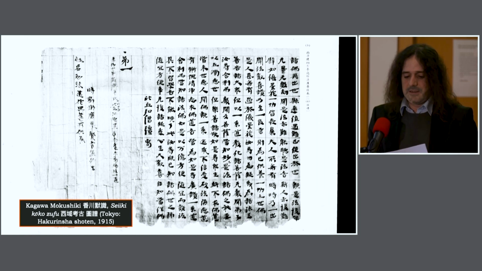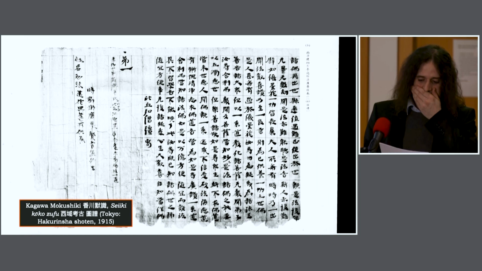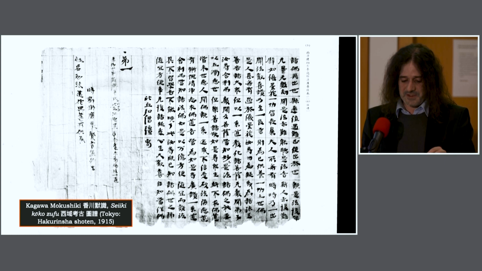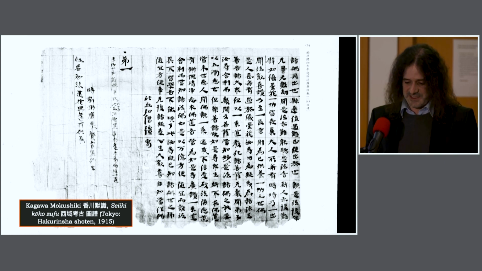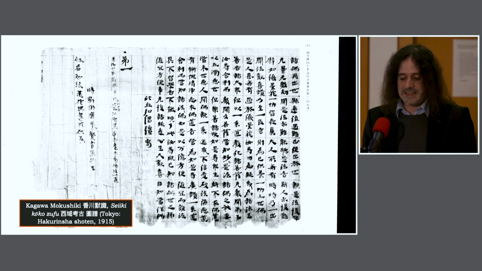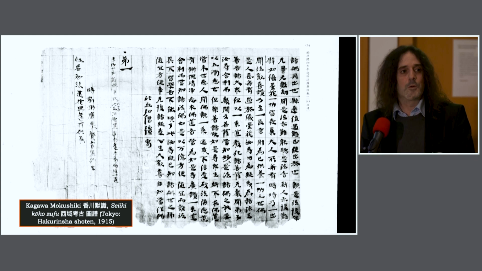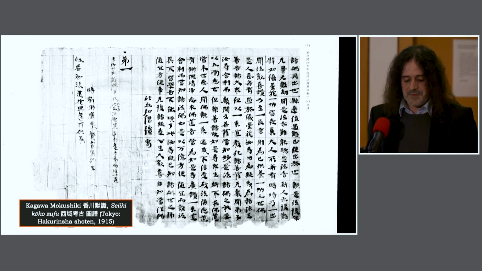And we can observe more clearly the same phenomenon in an early copy of this scripture, in this case Kumarajiva's translation found in Kucha. This copy dates back to the Western Liang, 412 most likely, that is to say very close to the date of the translation of this scripture by Kumarajiva in 404 or 405.